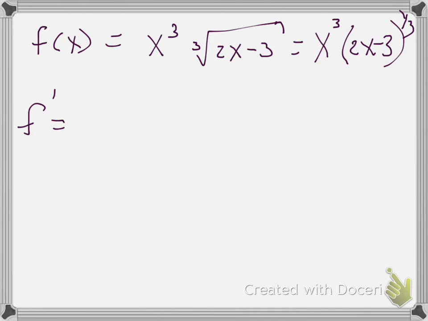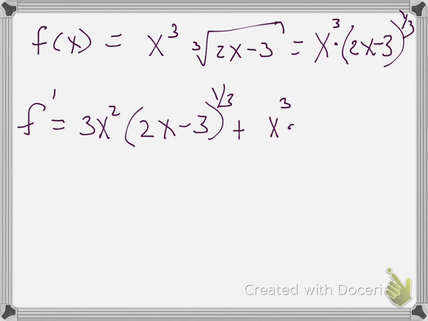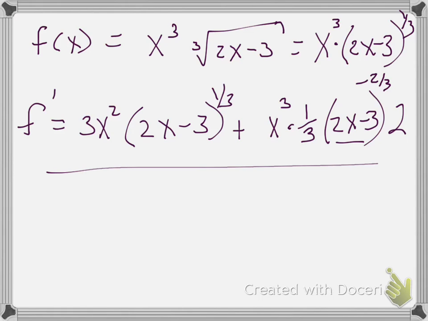And we've got to use product rule here. So this becomes 3x squared times (2x minus 3) to the 1/3, and then we leave the x cubed alone, times 1/3 times (2x minus 3) to the 1/3 minus 1, which is negative 2/3. Now we take the derivative of what's inside and we get 2. And there we have the derivative.